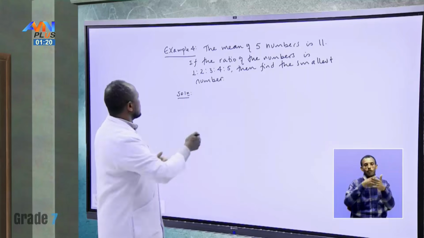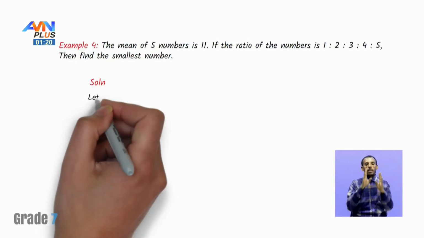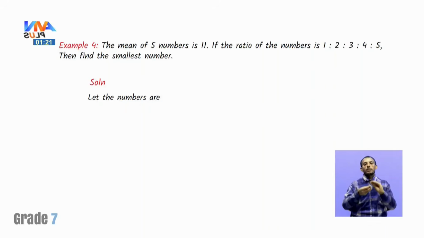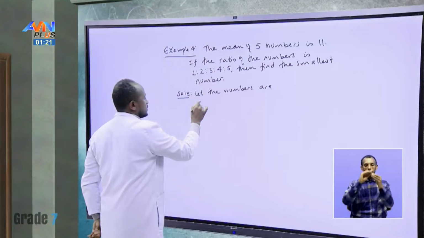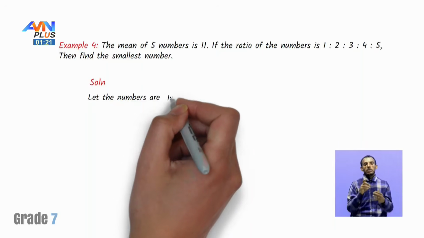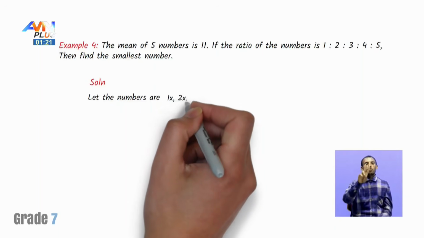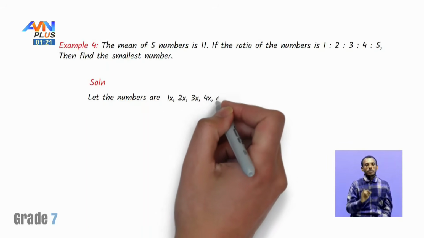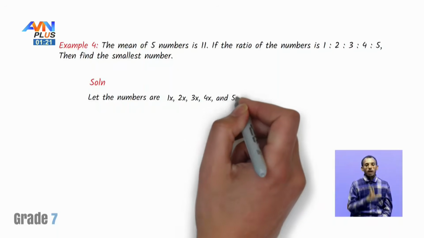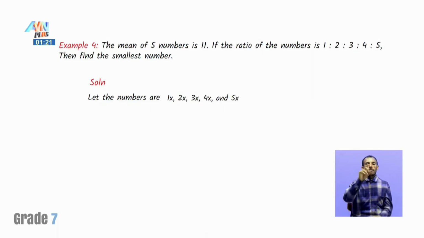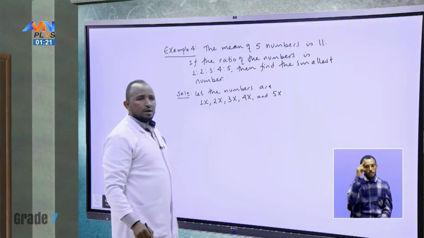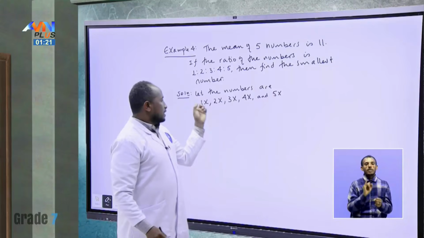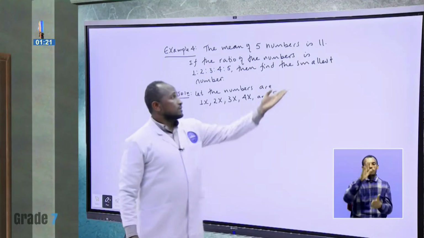We can multiply each of these by a constant so that the unsimplified numbers give the values of the numbers. Therefore, let the numbers be: the first number 1x, or simply x, the second number 2x, the third number 3x, the fourth number 4x, and 5x. Then we calculate the average of these 5 numbers, but the average is given, it's 11.